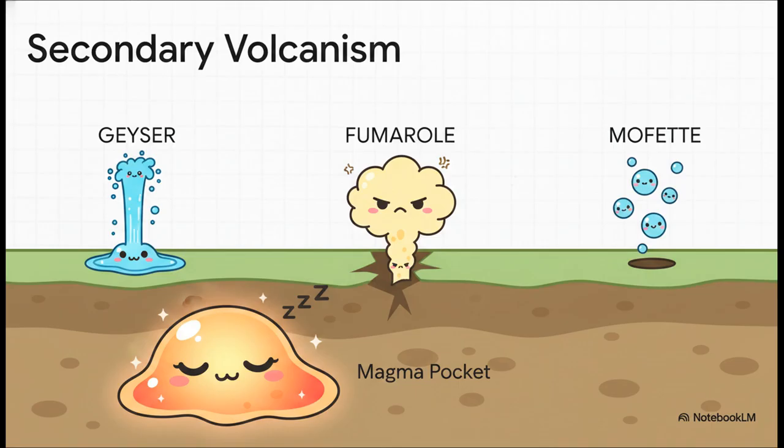If groundwater trickles down and touches this hot rock, it boils and shoots back up to the surface as intermittent jets of hot water, called geysers. You might also see fumaroles, which are hot acidic steam vents bursting from cracks in the ground, or mofettes, which are low-temperature emissions of carbon dioxide gas. The Earth's plumbing system is still very much active.